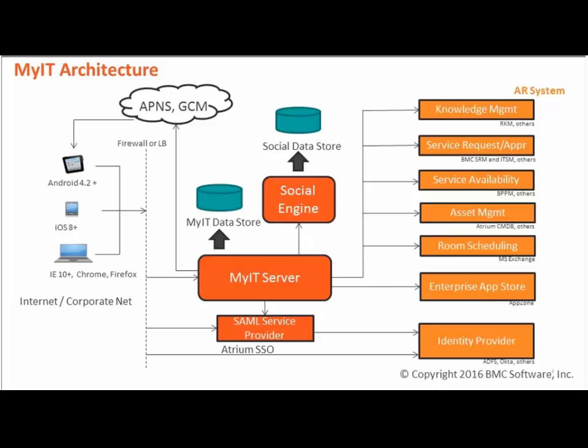For that, we heavily depend on Remedy. All the data is placed in Remedy. We just integrate with Remedy, get the data from Remedy, and then display it in MyIT, using it for all the SRM, RKM, and approval related use cases.